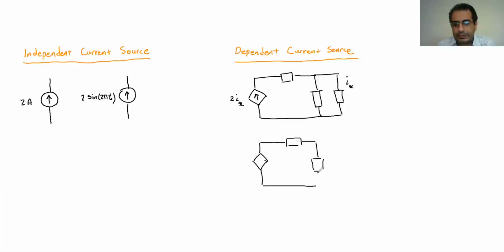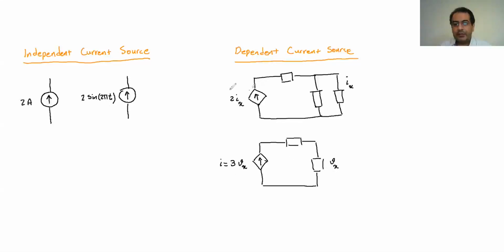And then, for example, if this is the Vx here, the current is going to be 3Vx. So don't get confused. It is still a current, but it is 3 times the voltage. So whatever voltage value you have here, the current is dependent on the voltage.